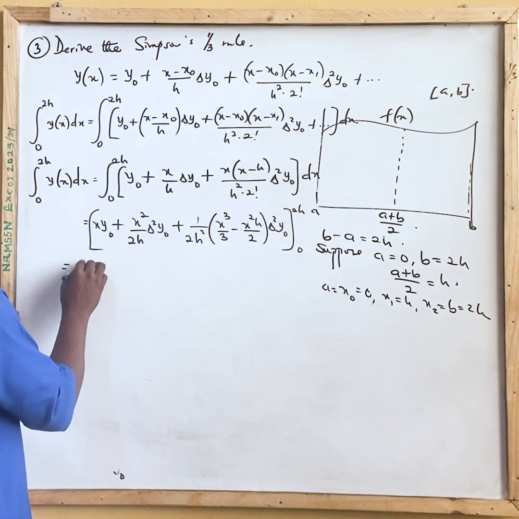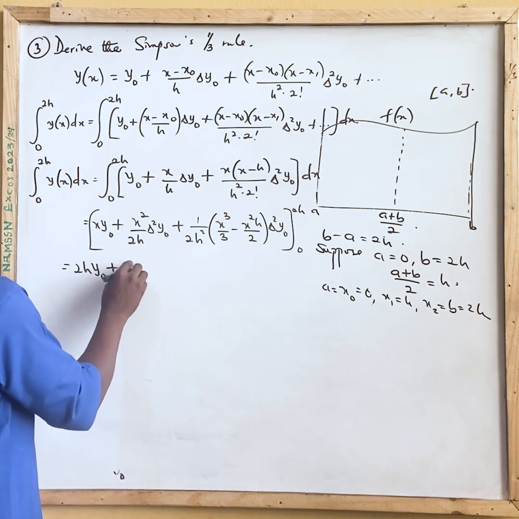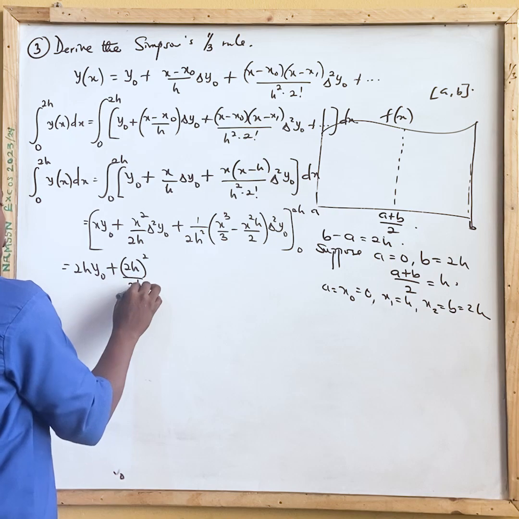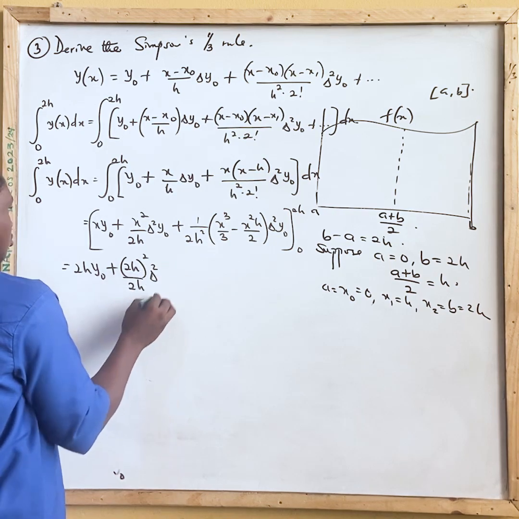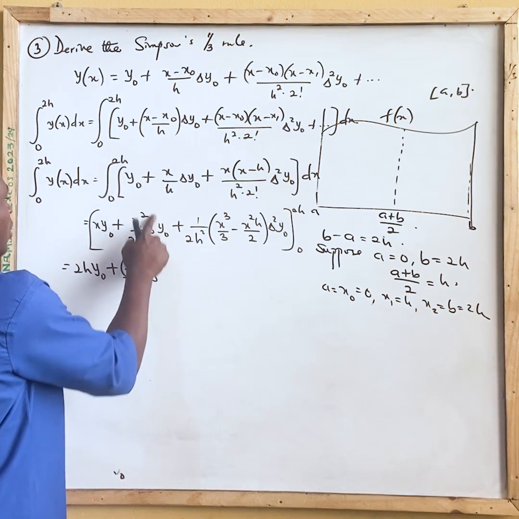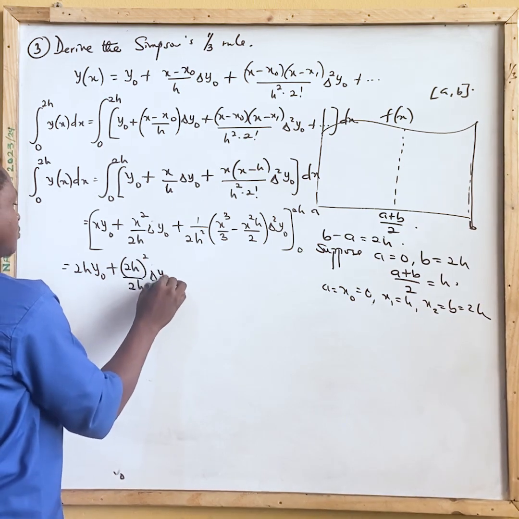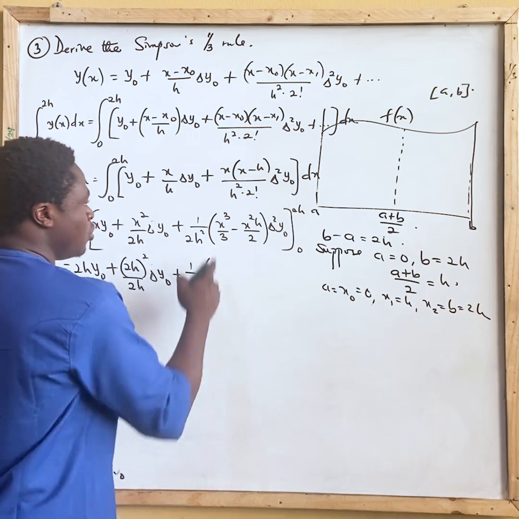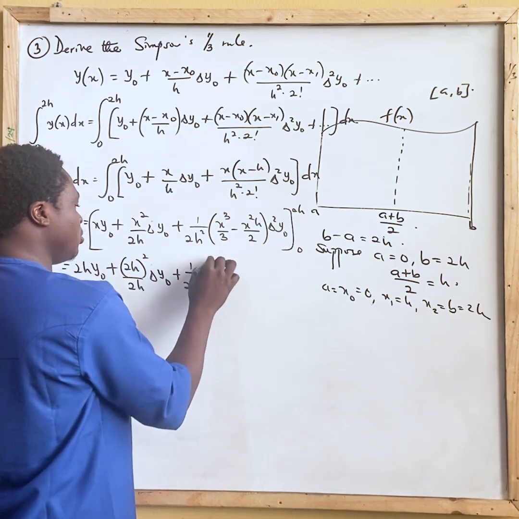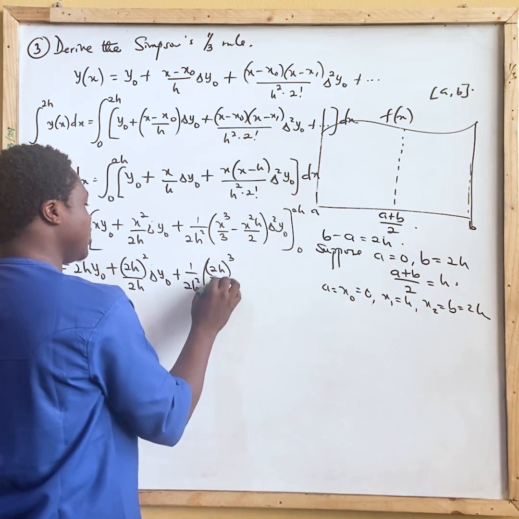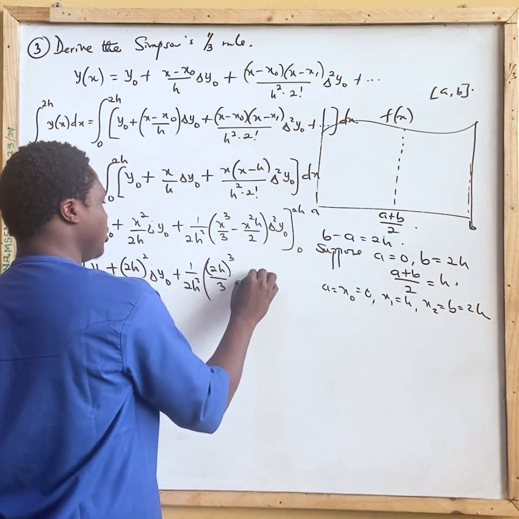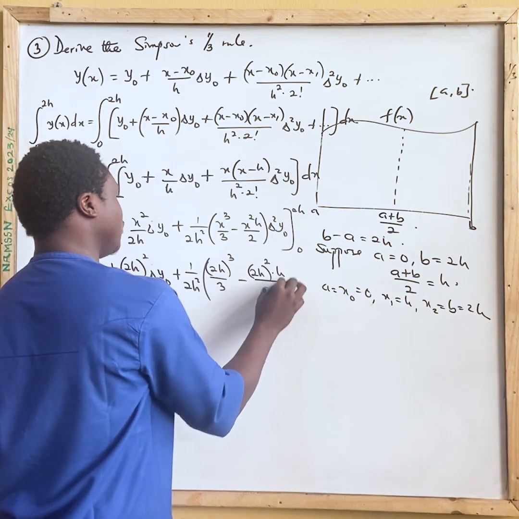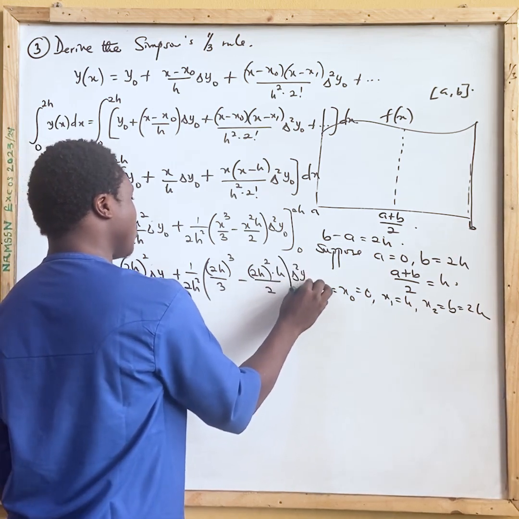So I'll be considering only 2h. I have this to be 2h y naught plus 2h square over 2h forward y naught. This is forward y naught. Then plus 1 over 2h square into, I have 2h cube over 3 minus 2h square times h over 2, forward square y naught.